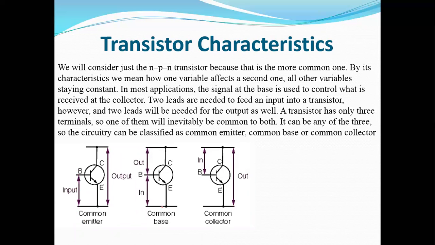If we use common base, then the input and output parts are going to be like this. Input part is going to be the down part, and output part is going to be from collector to the base part. If you use the collector as a common terminal, then the input part this time is going to be between collector and the base, and the output part is going to be from collector to the emitter.